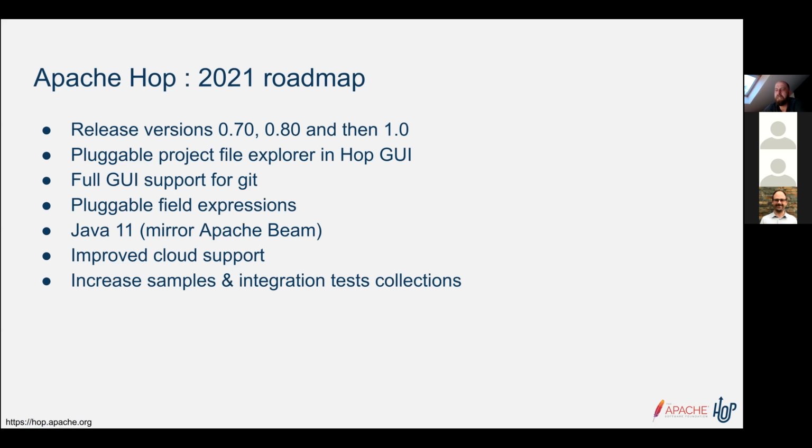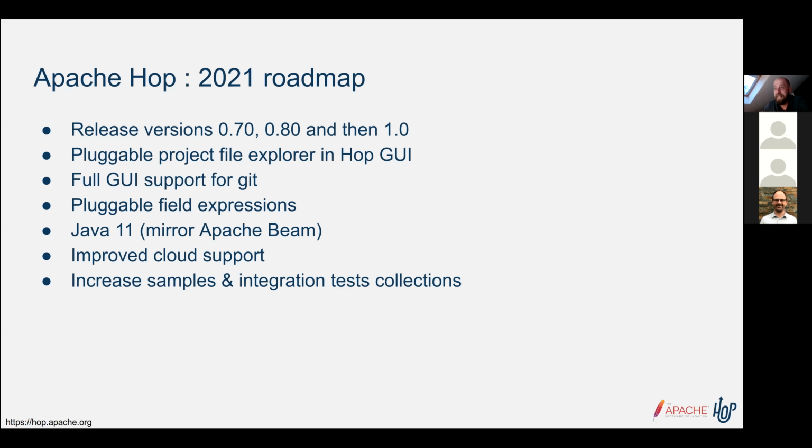Pluggable field expressions is another one, where instead of using a hard-coded field or a variable as an input parameter, you will also be able to create expressions, and that will open a lot of possibilities to integrate with other data integration platforms.